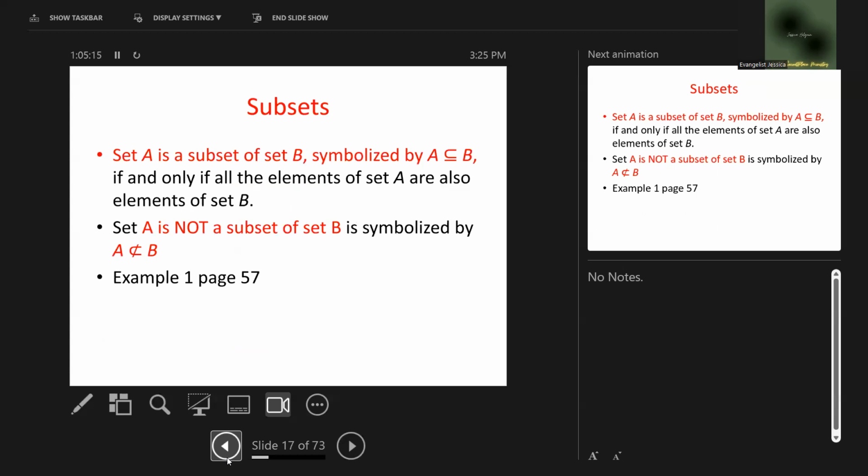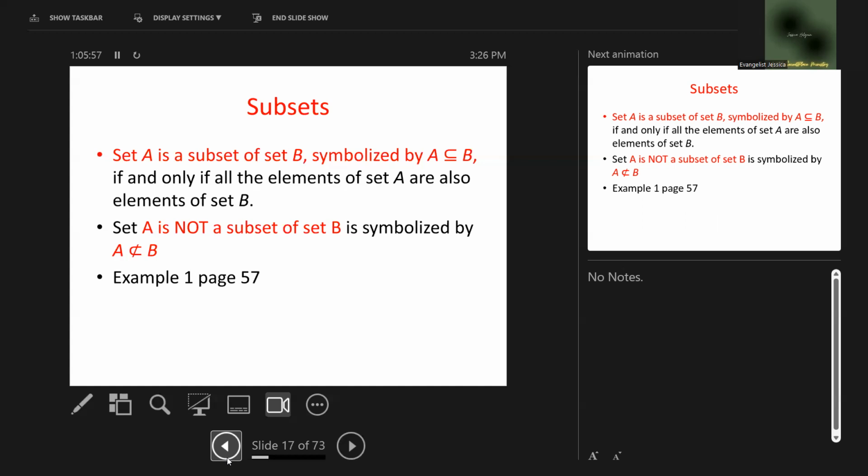Now, we have subsets. We have subset and proper subset. Set A is a subset of B, symbolized by that kind of fallen U with a bar under it, if and only if all the elements of set A are also elements of set B. So then you can say set A is a subset of set B. Notice that the bar means equal.